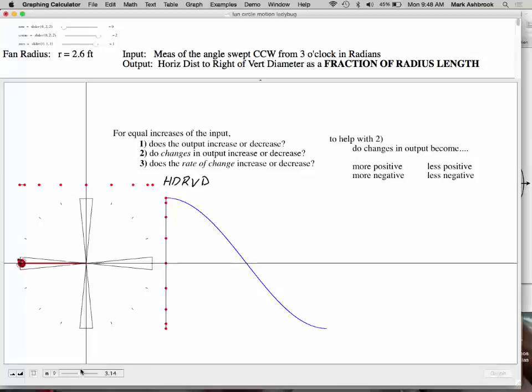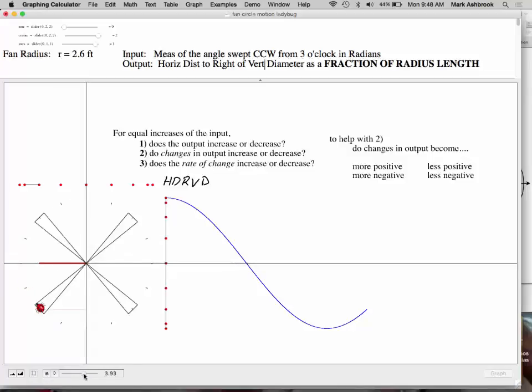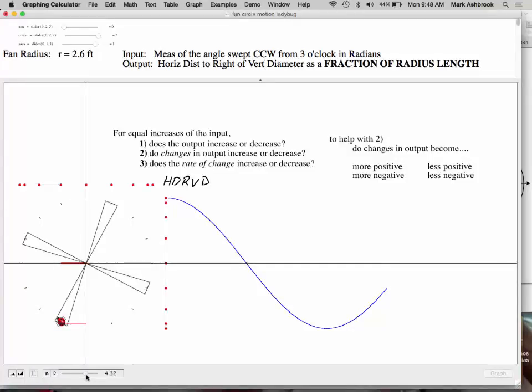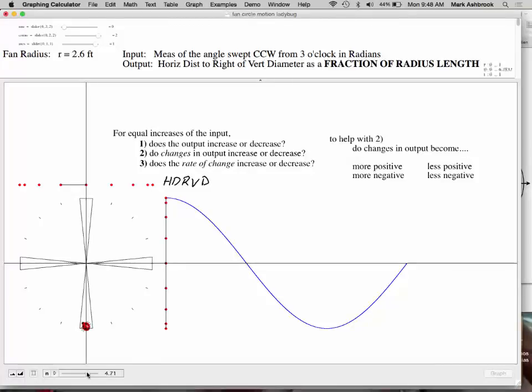Third quadrant. As the angle increases from pi to 3 pi over 2, the horizontal distance changes from what to what? -1 to 0. Do you see it?